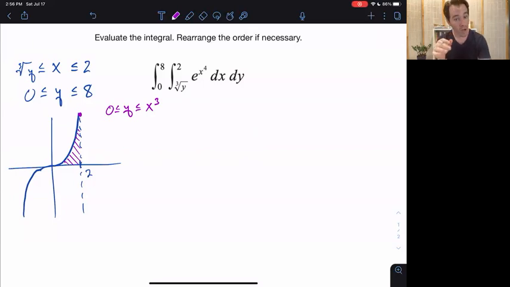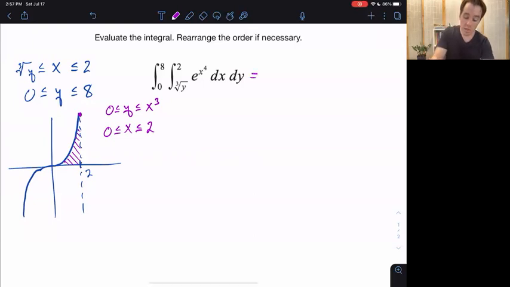But once we've said that y goes between 0 and x to the third, now we have flattened the domain down to just an interval of x values. And x now will go between 0 and, can you guess it? Yes, it's going to be 2. Notice how the 8 is programmed in the same way that the 2 was programmed in before. So even though 8 never gets mentioned, this is the same domain of integration.